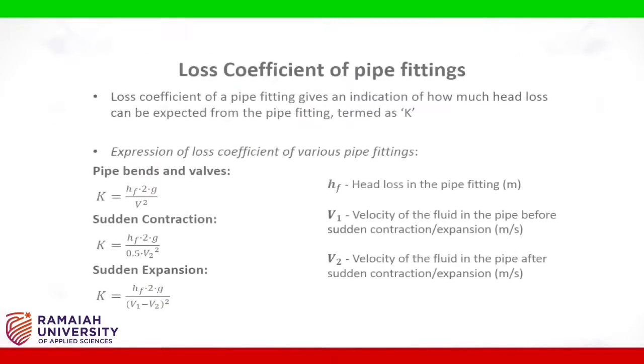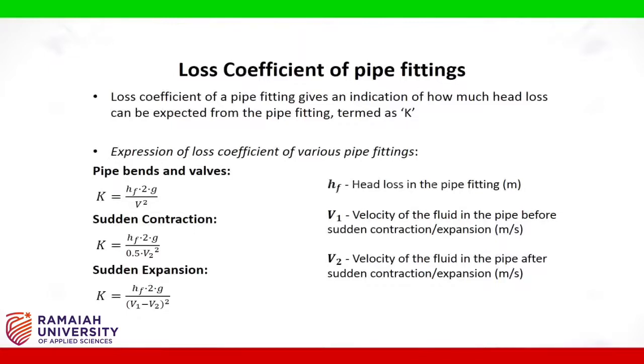Based on Bernoulli's principle, the loss coefficient for various pipe fittings can be formulated. The loss coefficient of a pipe fitting gives an indication of how much head loss can be expected from the pipe fitting, represented by K. For pipe bends and valves, K is equal to HF into 2g divided by V squared.